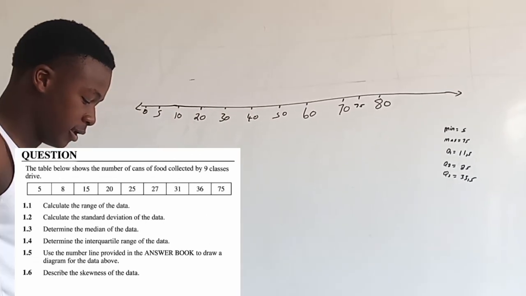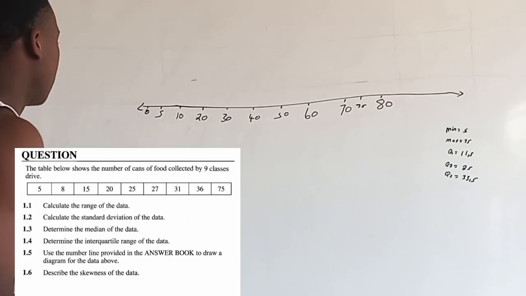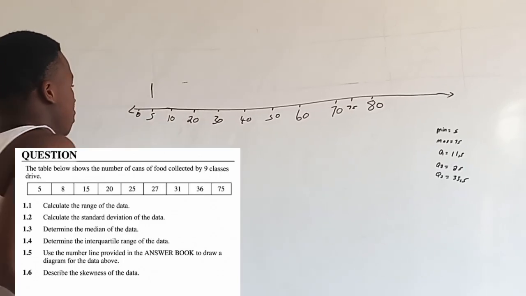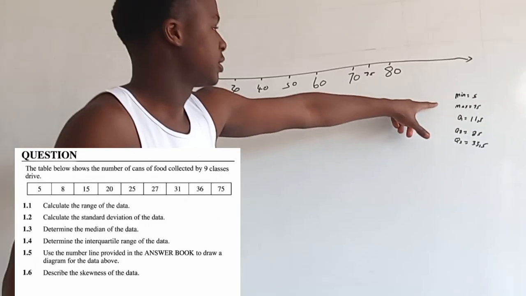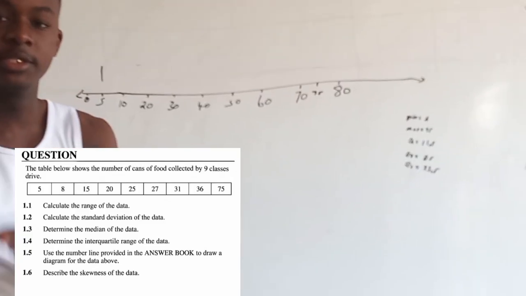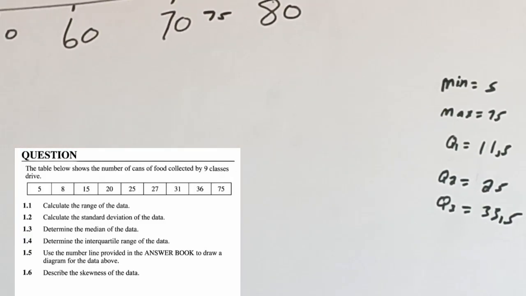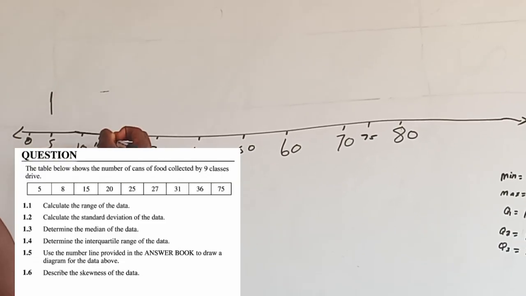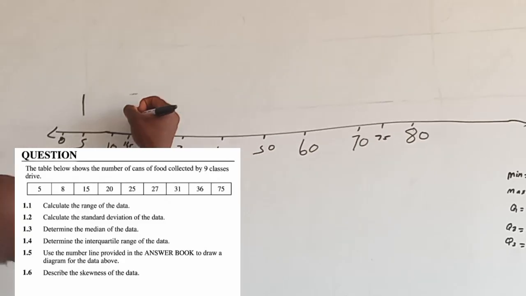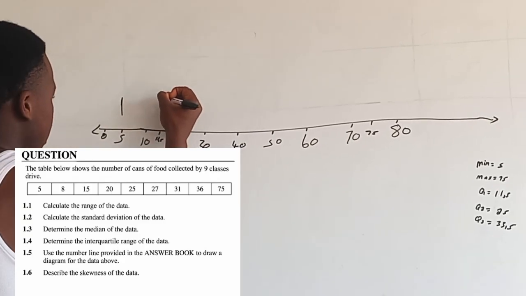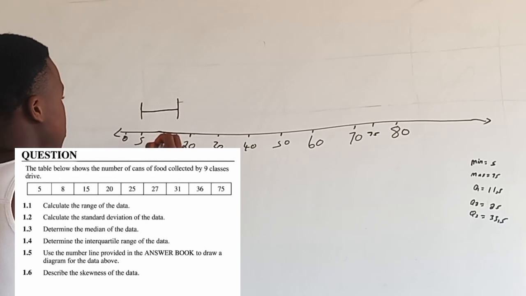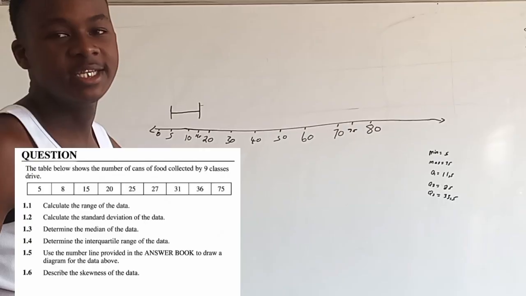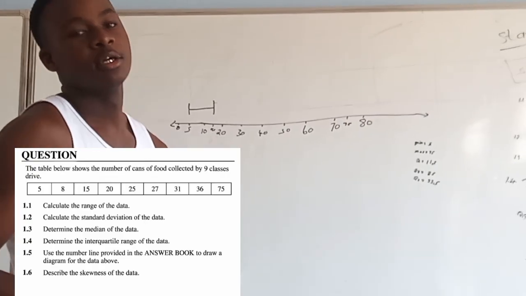Let's start with our minimum. Our minimum is 5. So you come to 5, you draw a line like this. And then our Q1 is 11.5, so it will be somewhere here. You draw another line like this, and then you join them. Then Q2, like I said, guys, Q2 is the median. So our median was 25.